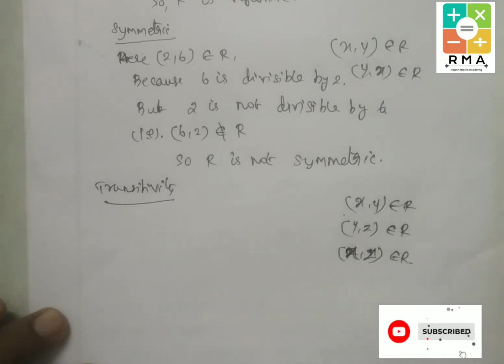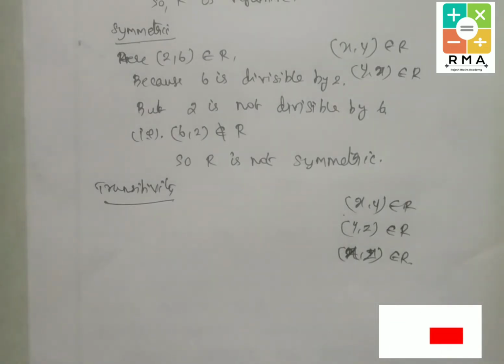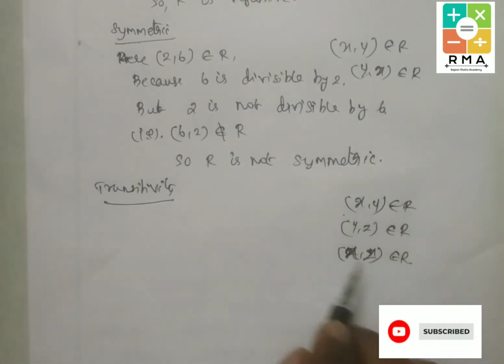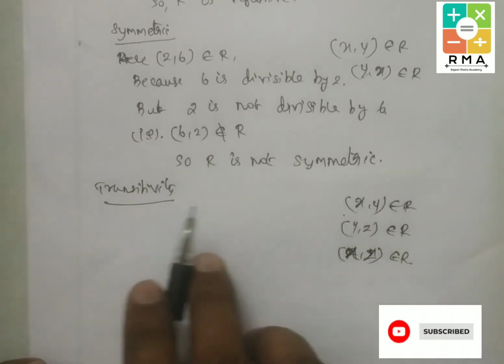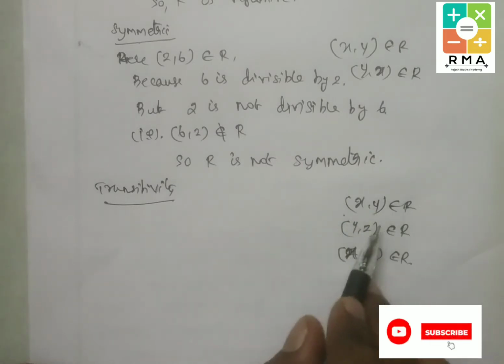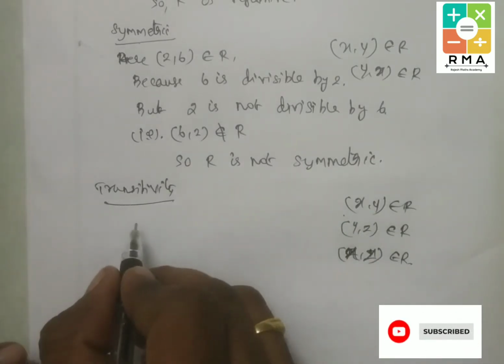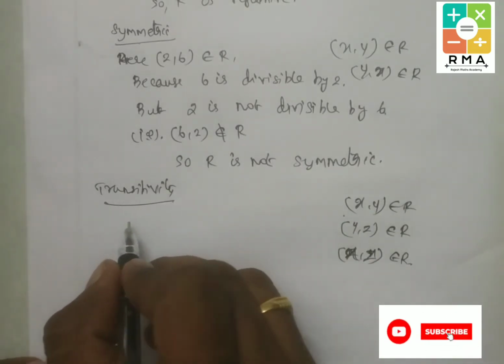Whatever it is, both are equal. In terms of a, b, c also we can say, or in terms of x, y, z also we can say. No problem. Our problem is regarding x, y, so I am telling in terms of x, y. Clear?